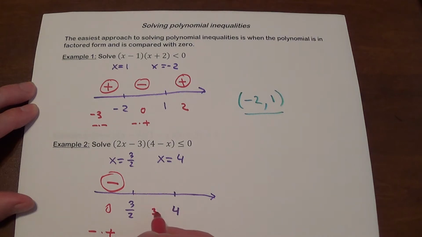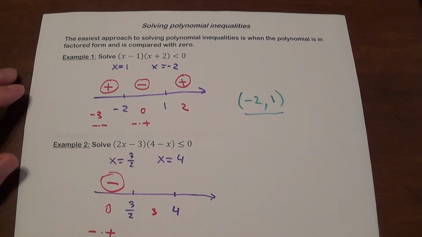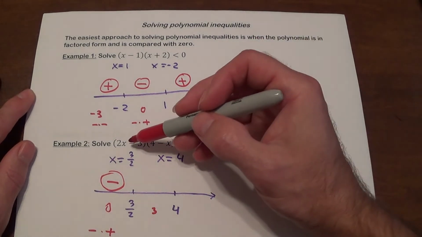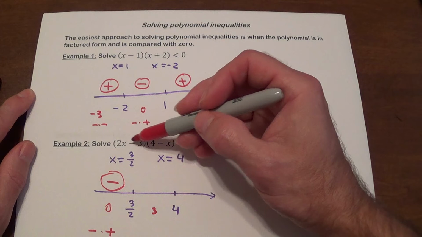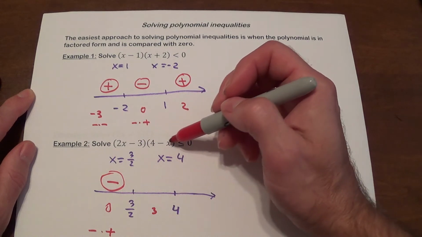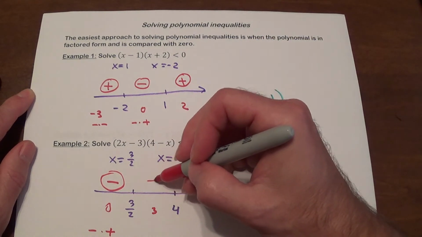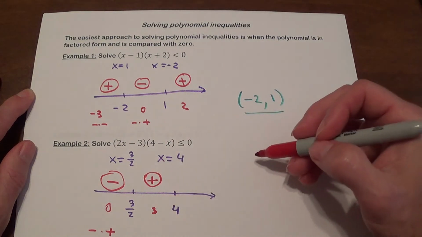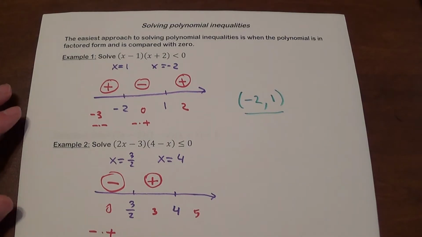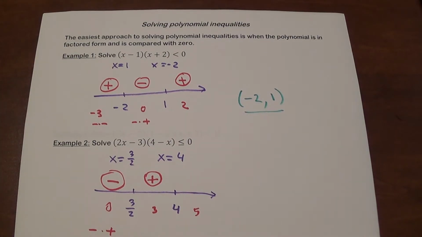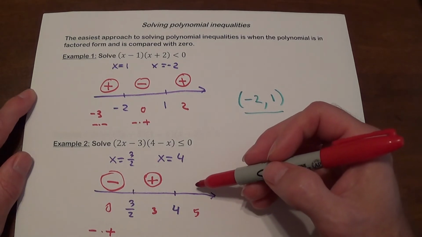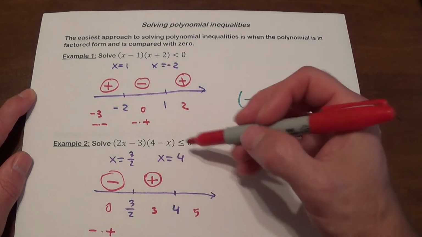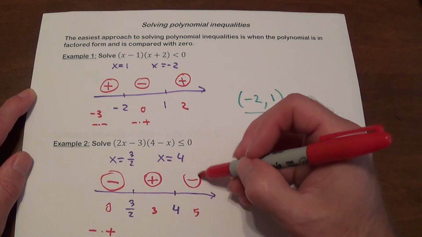Let's say we're going to go with 3. 2 times 3 is 6, 6 minus 3 is 3, positive, 4 minus 3 is positive, positive times positive is positive. And then we're going to go with 5 here, so 2 times 5 is 10, 10 minus 3 is positive, 5 minus 4 is negative, so negative here.